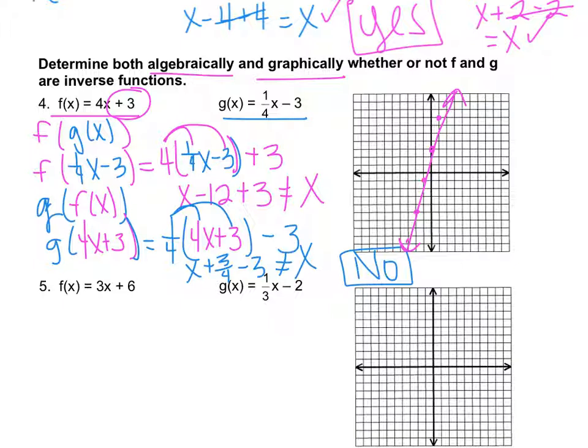And then function g crosses y at negative 3, and we're going up 1, right 3. My bad, up 1, right 4. I'm going to draw my line y equals x.